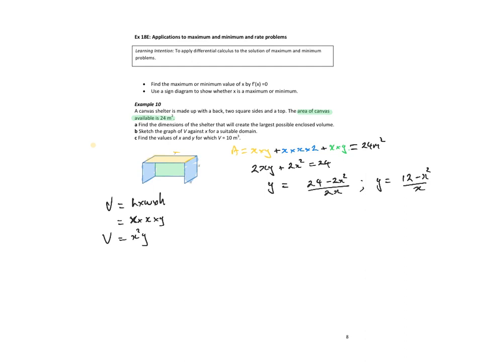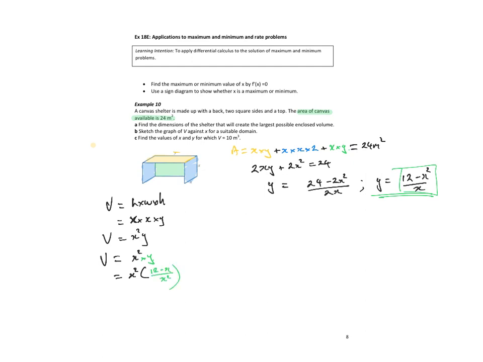So now this y value, which I'm going to highlight in green, I can go to my rule for the volume and say it's x squared times y, which is equal to x squared times whatever y is, which is 12 minus x squared on x.